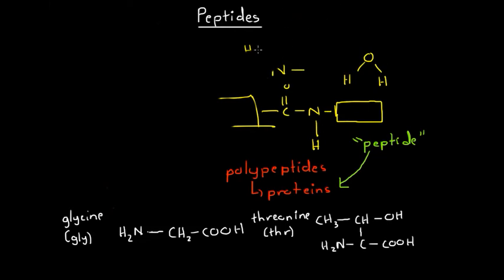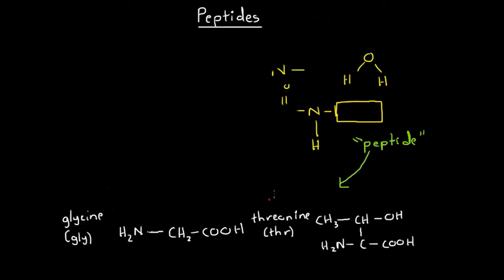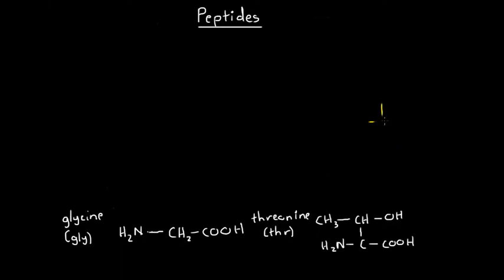So if we go up here, we will figure out the molecular formula of each of glycine and threonine, and we'll be able to quite straightforwardly write a chemical equation. So in our glycine molecule we've got 2 carbons, 5 hydrogens, 2 oxygens, and 1 nitrogen.